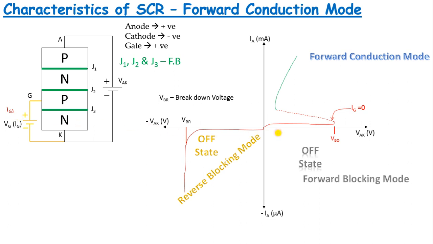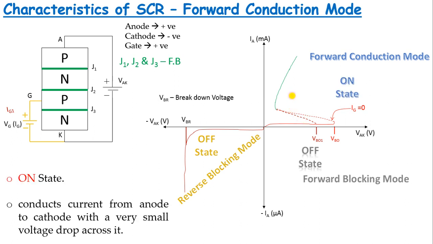Now we can see the characteristics of SCR for this VG. If you increase the anode to cathode voltage from 0 onwards, a minimum current will flow through the SCR, and once this VAK voltage reaches the breakover voltage, say VBO1, the SCR is brought to the on state so that a current flows from anode to cathode of this SCR with very small voltage drop across it.